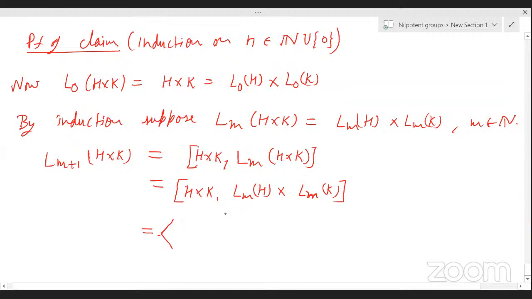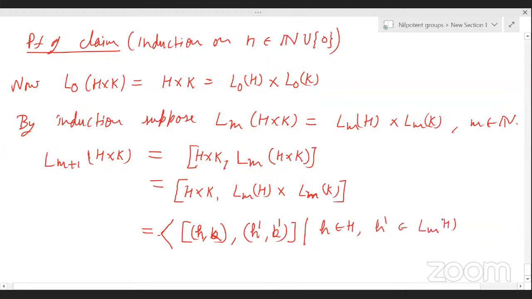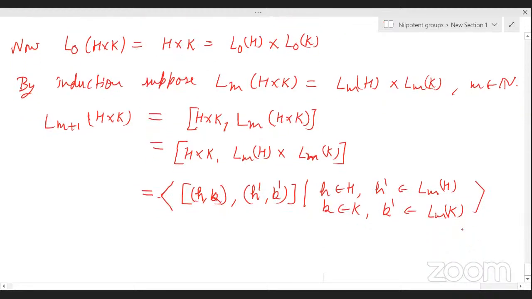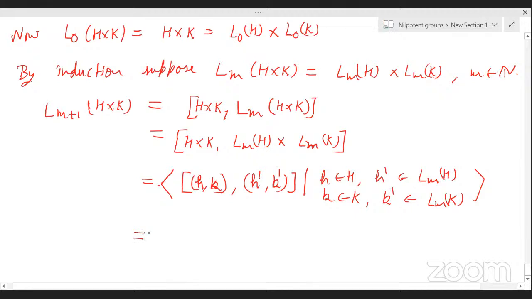This is a commutator, and a commutator group is generated by elements of this type: the commutator [(h,k),(h',k')] such that h belongs to H, h' belongs to L_m H, k belongs to K, and k' belongs to L_m K. Okay, so we have just applied the definition, nothing more than that.